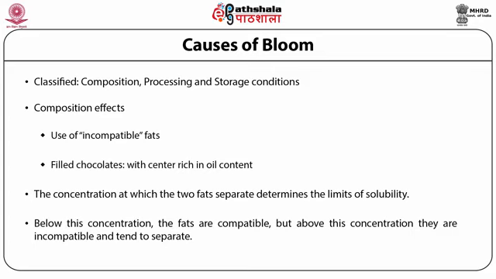As I discussed, there might be some proper concentration of the fats, one or more, added together so that they get solubilized or mixed into each other with proper emulsification, with emulsifiers added. If the concentration of either fat is above this limit, the solubility is reduced. As a result, they become incompatible and tend to separate out in the form of blooms on the surface of chocolates.